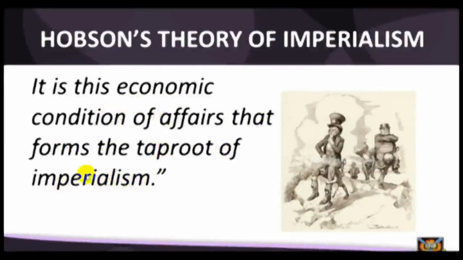Take note that it is important to pay attention to the above quotation, as it explains why Hobson's theory of imperialism is referred to as the economic theory of imperialism. His last sentence is particularly worthy of note because it leaves no one in doubt as to what he believes to be the main cause of imperialism, or, in his own words, the taproot of imperialism.